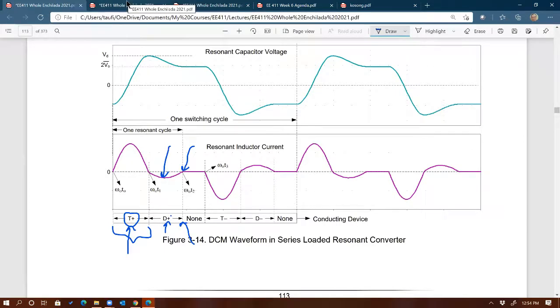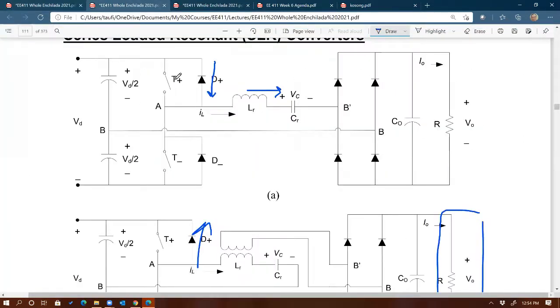But what about T plus? Well, T plus is off, so therefore it cannot conduct, right? And that would be it, right? Or what about the other ones? Is the circuit kind of halted until we turn on T minus? Yes. So I'm trying to find different paths for positive current. If it cannot be provided by T plus, it should be able to be provided by D minus, right?